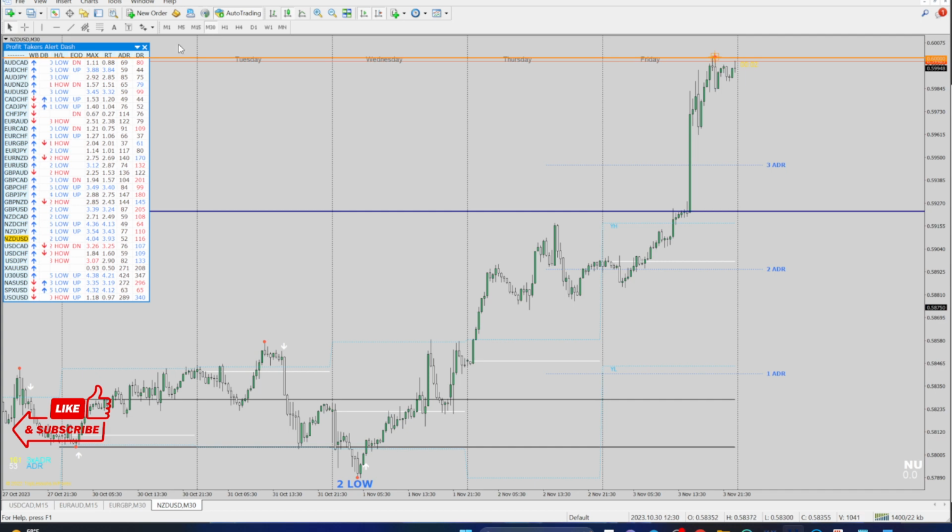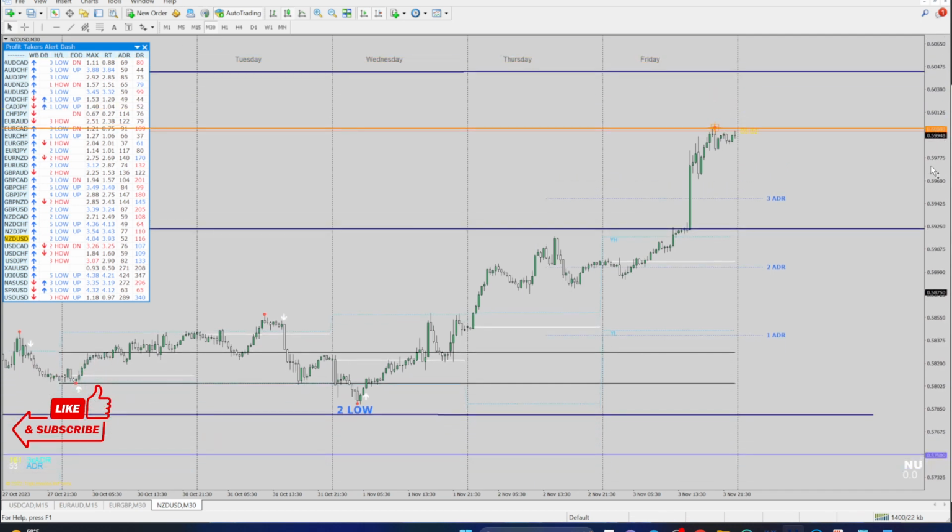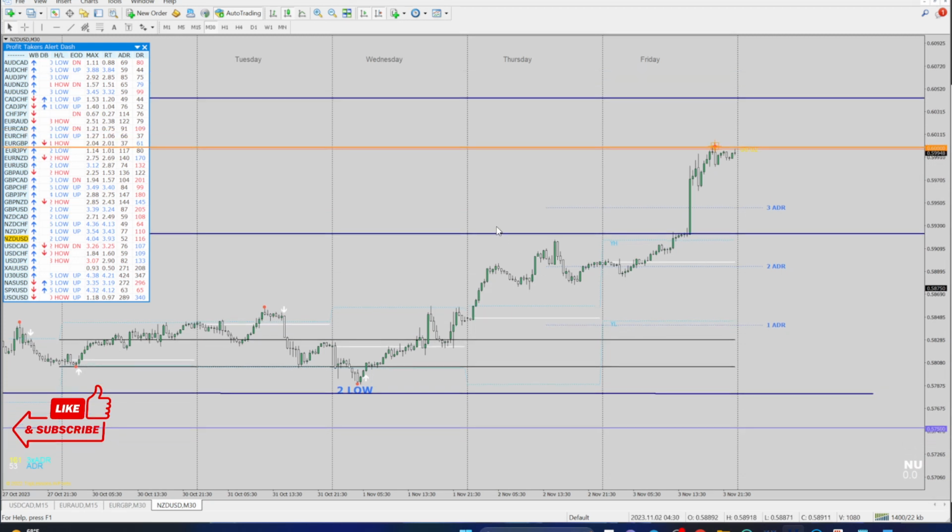NZD USD. All right. Again, this is awesome. You can see on day 3 this W that printed up and how price came right above the open, and your entry, depending on when your session is, could have been right above the open price, and then again on yesterday's high.